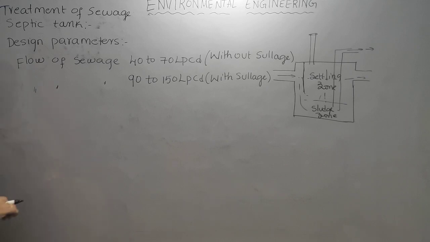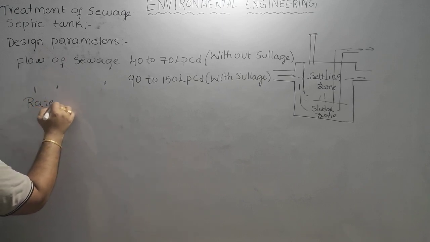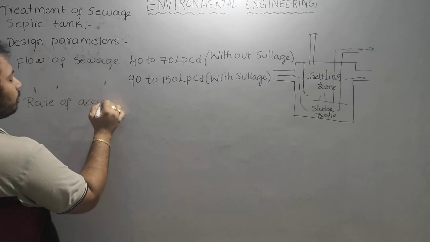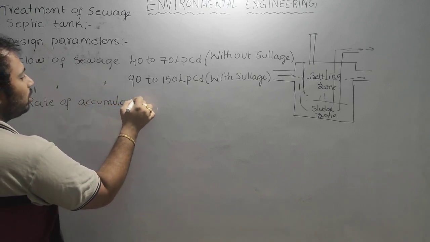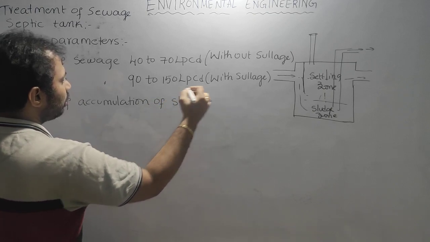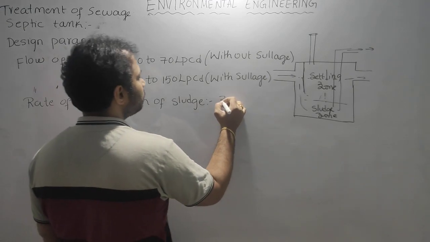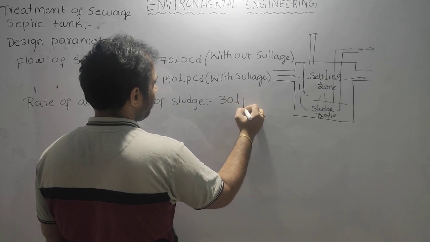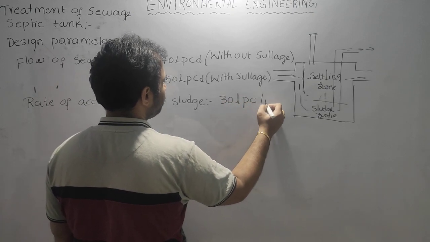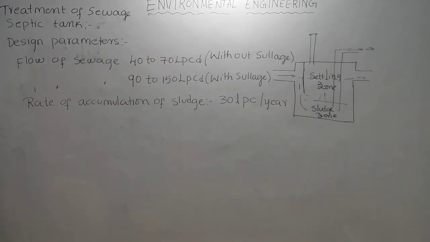Rate of accumulation of sludge: how much sludge will accumulate per day? The rate of accumulation of sludge is 30 liters per capita per year.